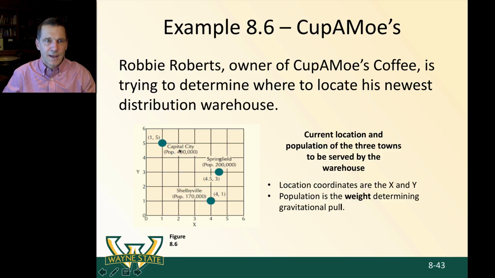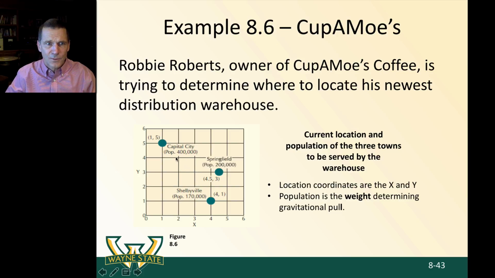Those 3 towns are Capital City with a population of 400,000, Springfield with a population of 200,000, and Shelby with a population of 170,000. The numbers next to each are their X and Y coordinates. We need X and Y numerical coordinates to help drive where gravity is trying to center from, right? Where are these points?